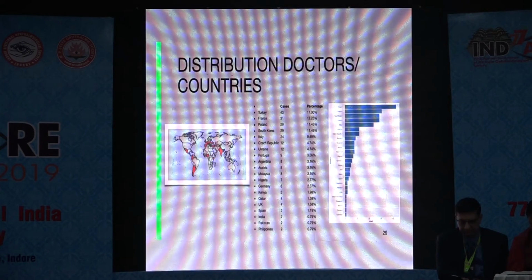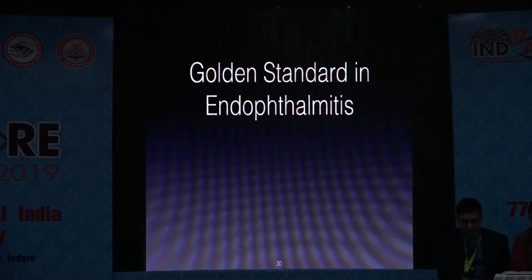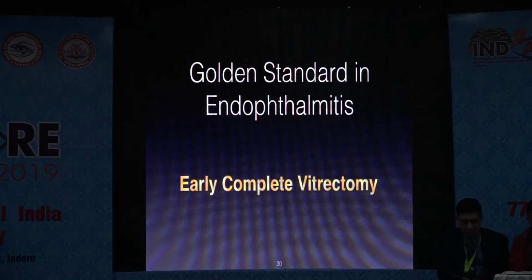I'm sorry to say there are only 2 from India, and I do hope that we have more of you coming to our meetings because you have a lot to give. Very, very high quality presentations, and I hope you do come. And the conclusions were more or less what I just told you. We would say that as opposed to the early vitrectomy study, which recommended not to perform vitrectomy, today I would say that the golden standard in endophthalmitis is early, complete vitrectomy.